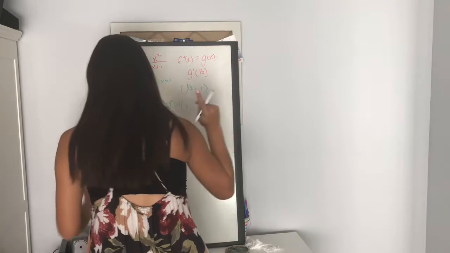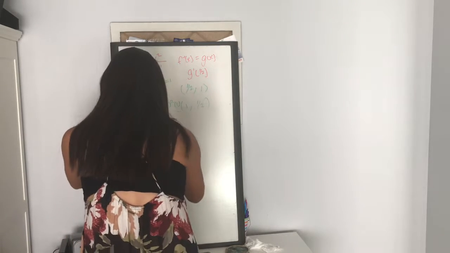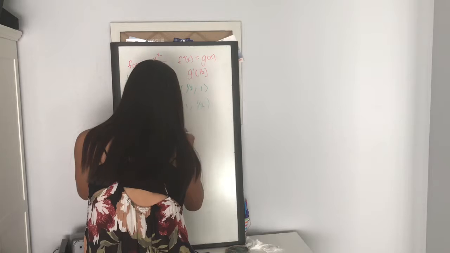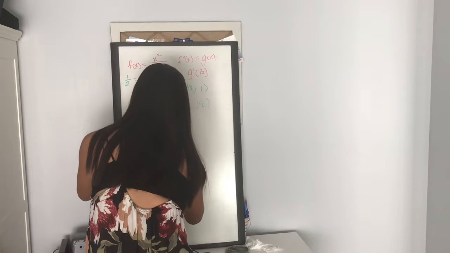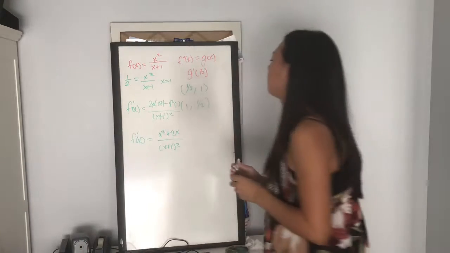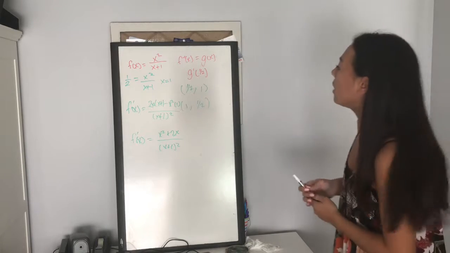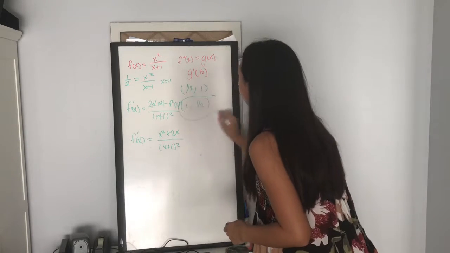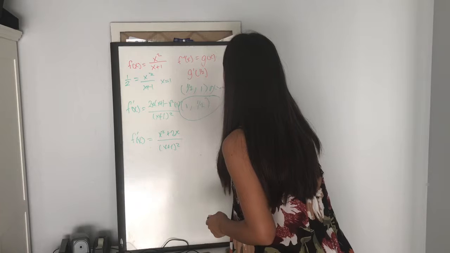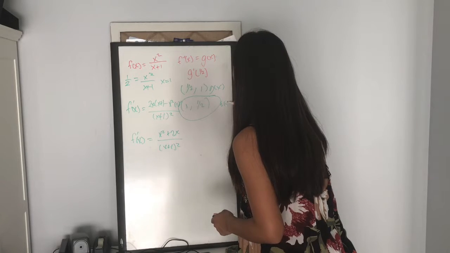Oh, gotta have the correct notation, that's very important. Okay, now with this simplified, we go in and plug in our values for f prime of x. This one's for g of x, this one's for f of x.